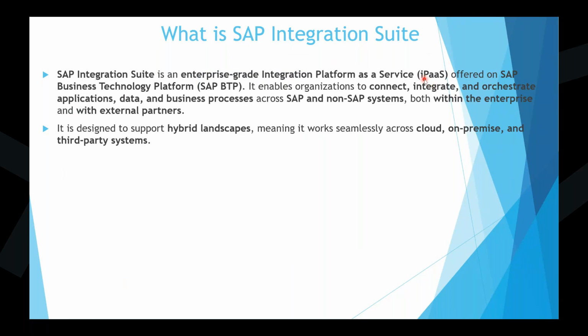Where I stands for integration, meaning connecting systems together. P stands for platform, a software environment where you build and run things. And as a service, it runs in the cloud. SAP manages the servers, you just use it. That is what iPaaS means.